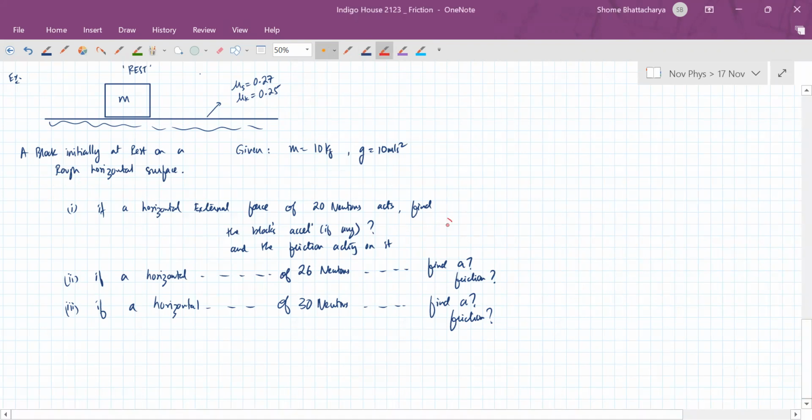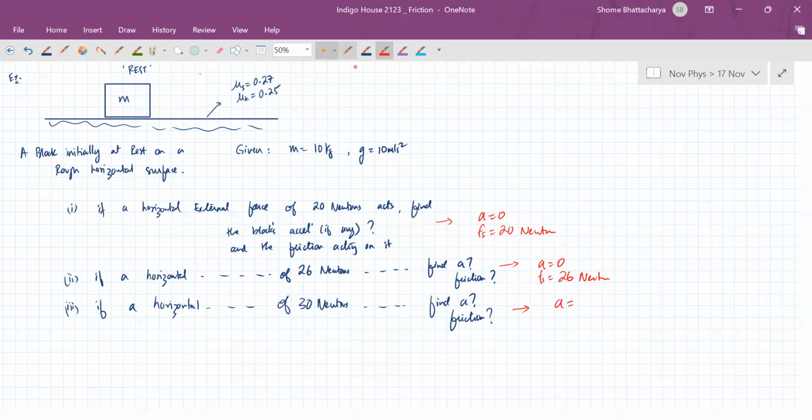So in this one, the acceleration will be 0 and static friction of 20 newtons. In this one also the acceleration will be 0, but static friction of 26 newtons. In this case, the acceleration will become non-zero. Yes, Ishita, correct for the second one also.